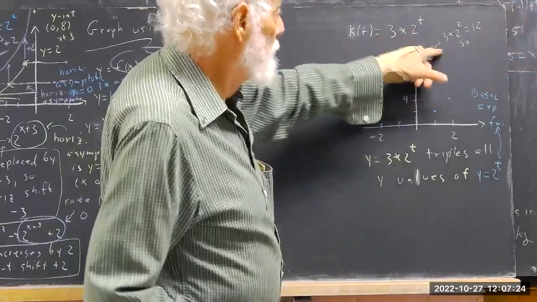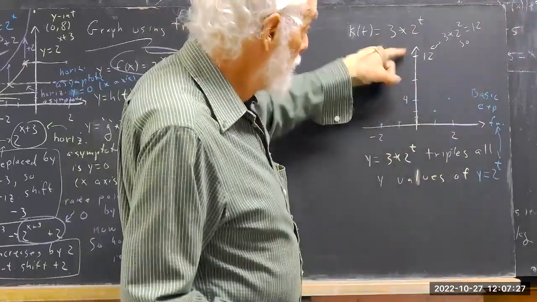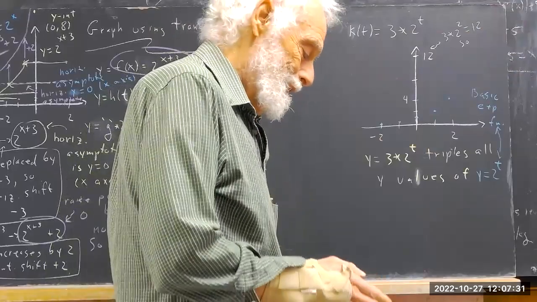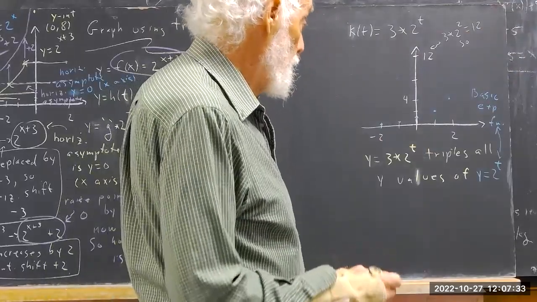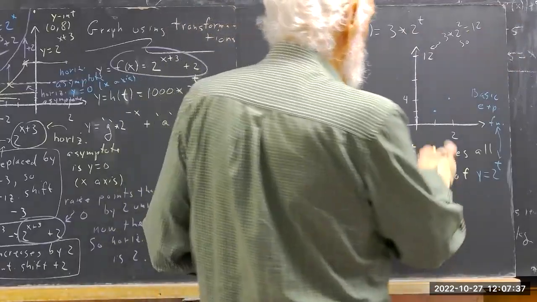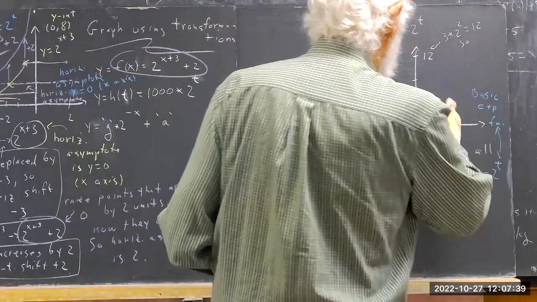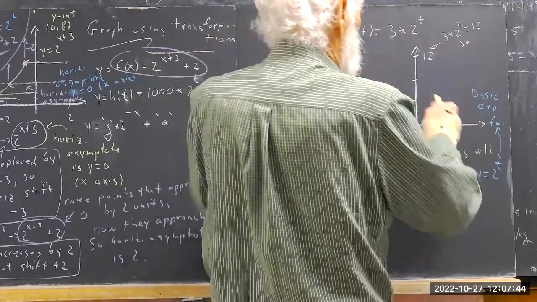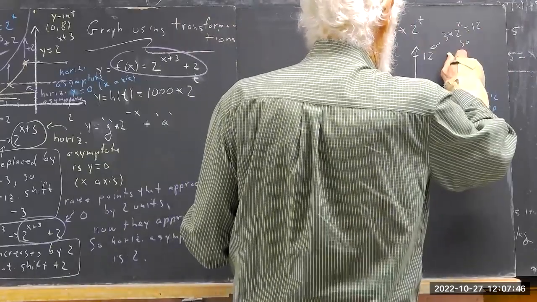And we multiply 3 by 2 squared, well, we just tripled the thing to get to 12. Among other things, we know that our point t equals 2, y equals 4 now becomes t equals 2, y equals 12. Should be clear why that occurred.